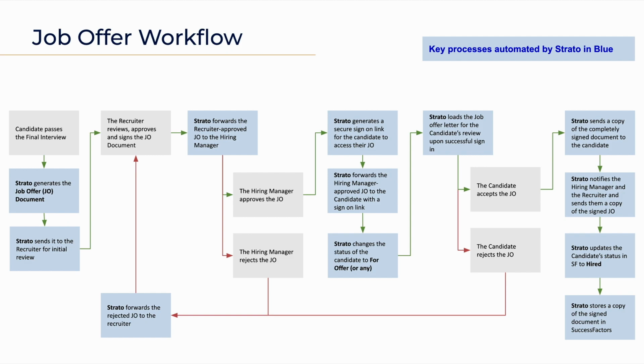So one of our customers is using a workflow that has a lot of steps, and the first few steps are deciding whether Strato will completely automate the sending of the job offer.